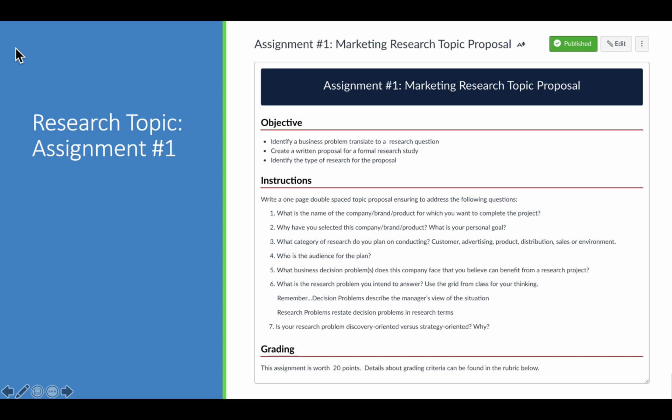So what you're going to do is identify that business problem and research question as we've discussed, and then I want you to create a one-page written proposal for a formal research study. And then I want you to identify the type of research for the proposal. So you're going to write a one-page double-spaced topic proposal, ensuring that you address the following questions.